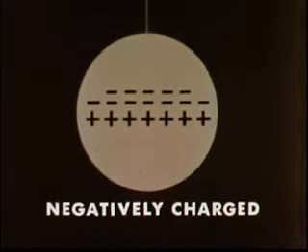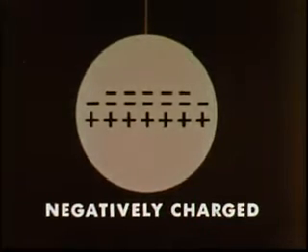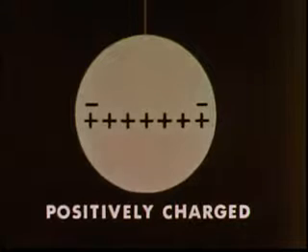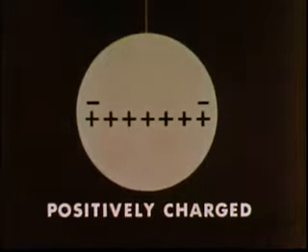If we add more electrons, the sphere is said to become negatively charged. It holds more electrons than protons. If we remove electrons, it can become positively charged. Now there are more protons present than electrons.